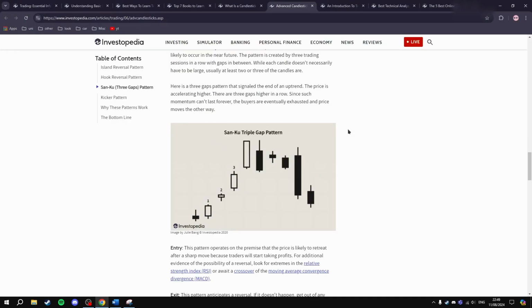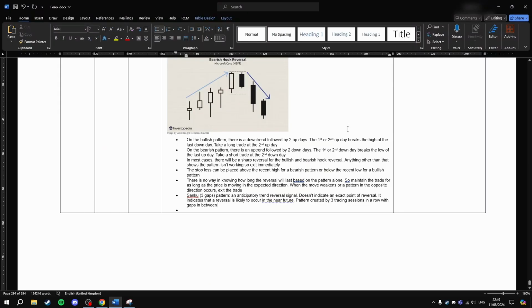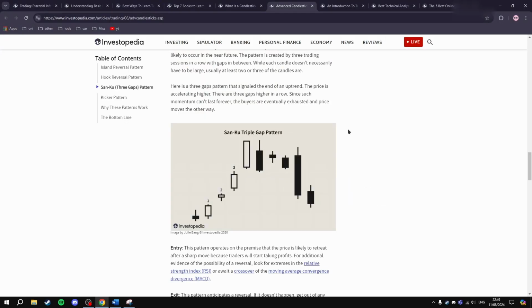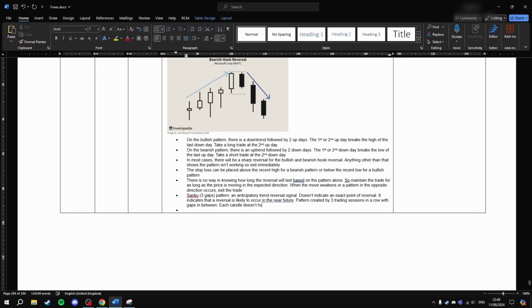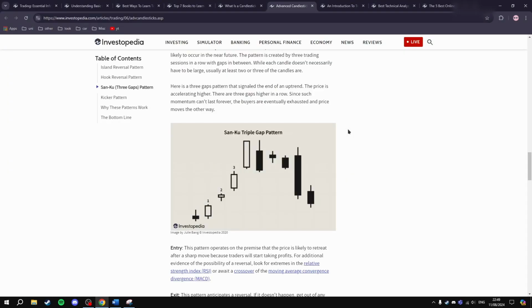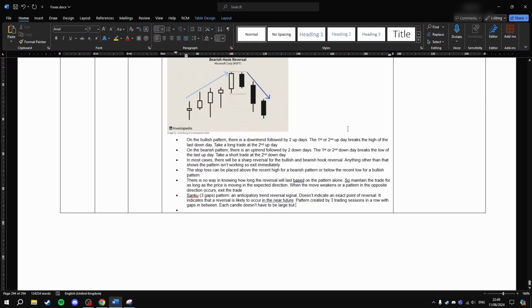While each candle doesn't necessarily have to be large, usually at least 2 or 3 of the candles are.